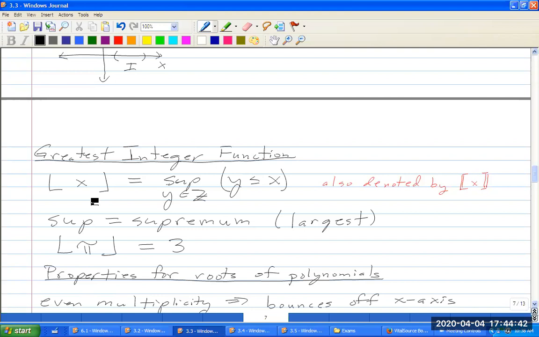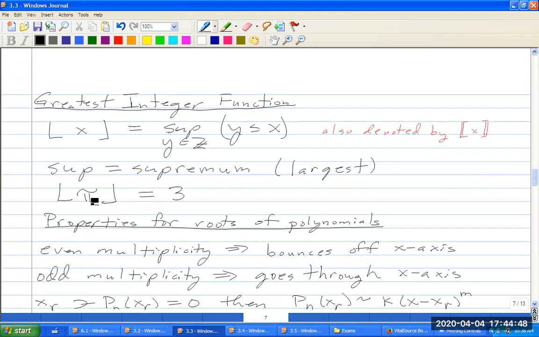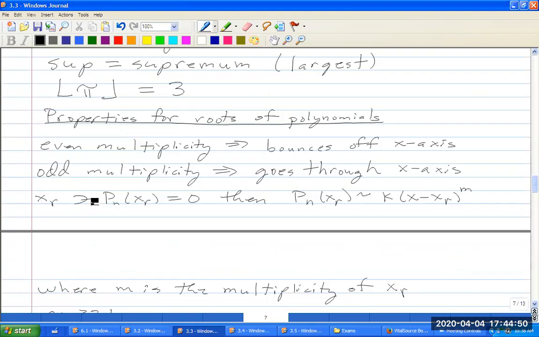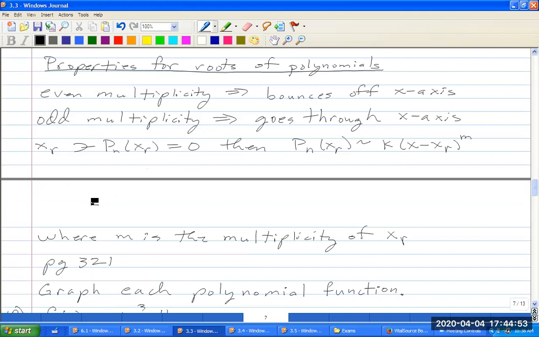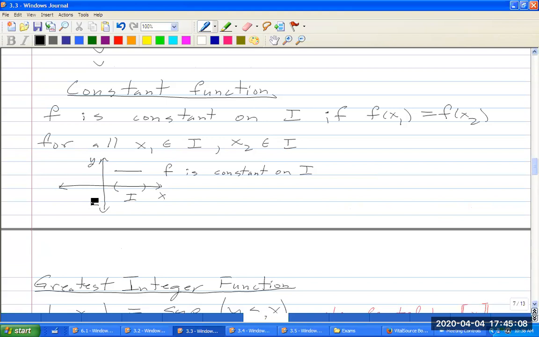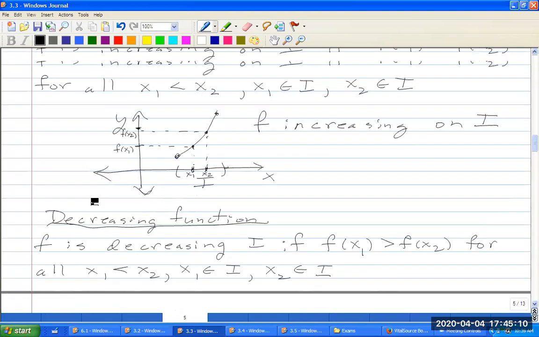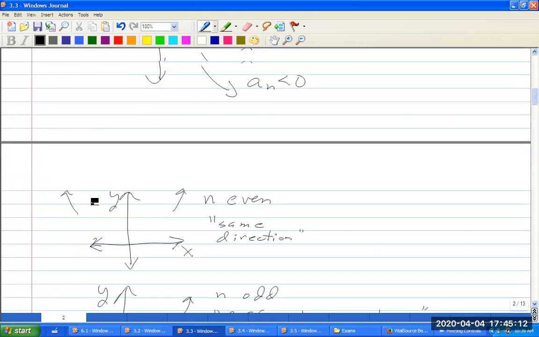Let me give you some properties of roots. Even multiplicity. If a root has even multiplicity, it will bounce off the x-axis when I draw the graph of it. So actually, up here we drew something.